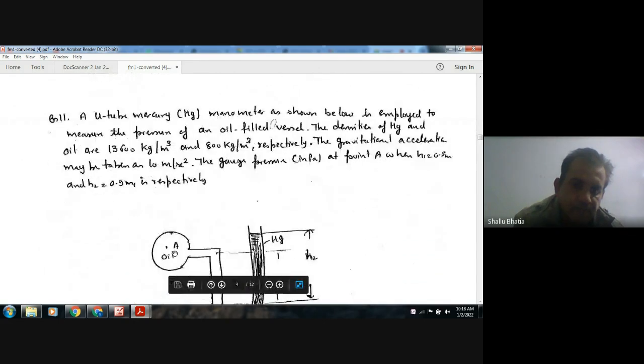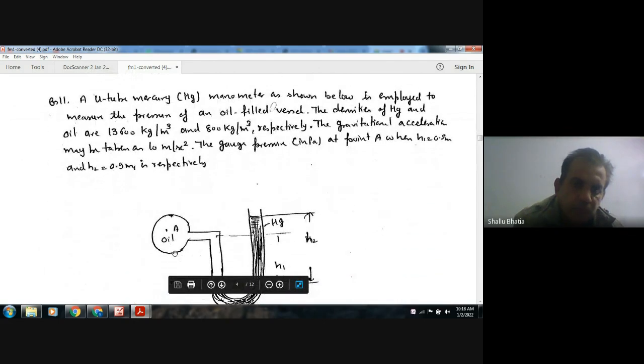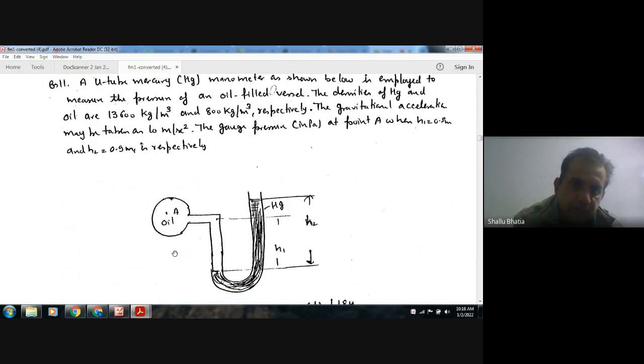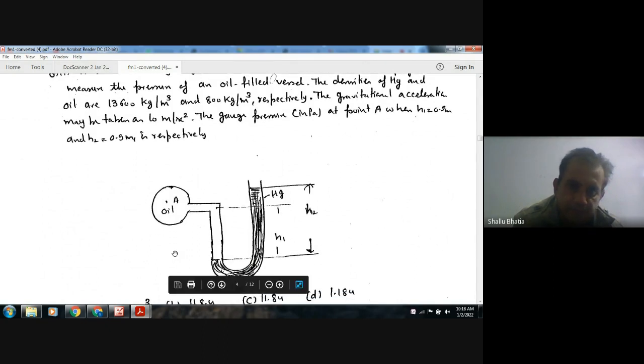Next, a U-tube mercury manometer as shown below is employed to measure pressure of an oil-filled vessel. The densities of Hg and oil are 13600 kg per meter cube and 800 kg per meter cube respectively. The gravitational acceleration may be taken as 10 meter per second square.